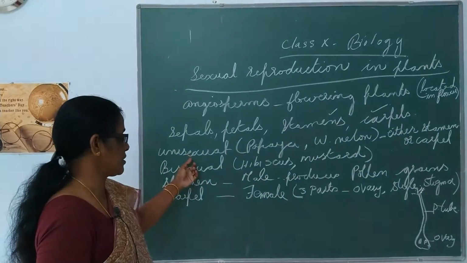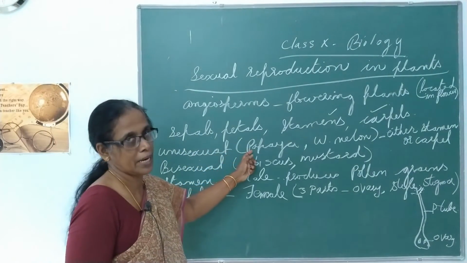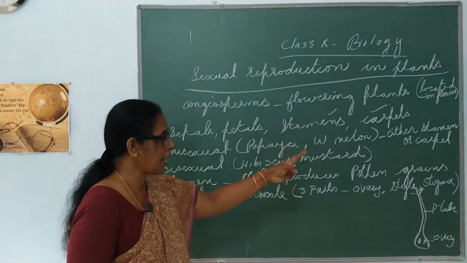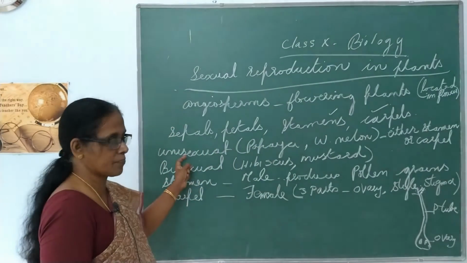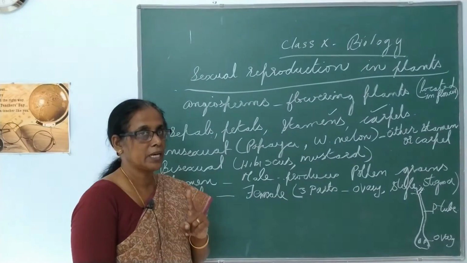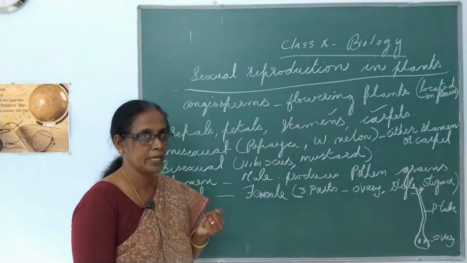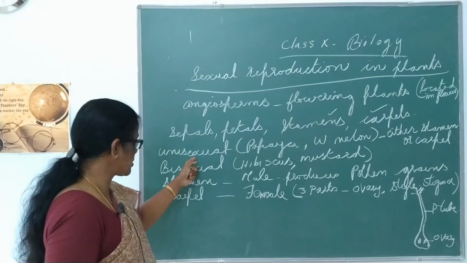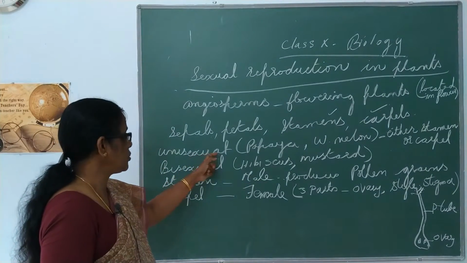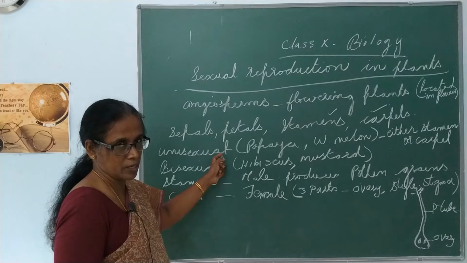In some flowers, for example papaya and watermelon, either stamen or carpel, that means only one reproductive organ is present. Either the flower may be male or female. That type of flowers are known as unisexual flowers.